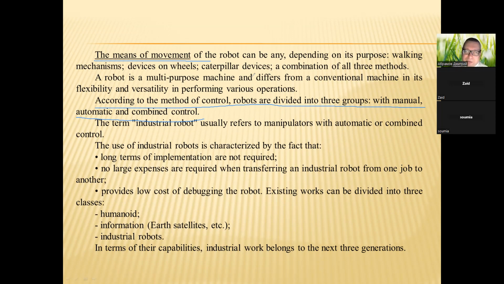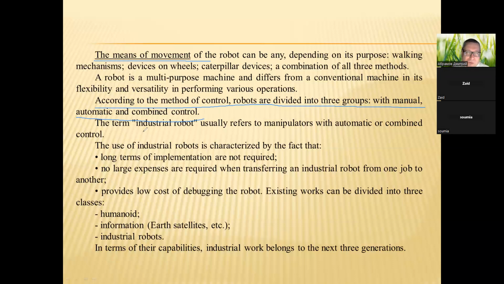According to the method of control, robots are divided into three groups. Write down to your notes these three groups of robots with manual, automatic, and combined control. The term industrial robot usually refers to manipulators with automatic or combined control.